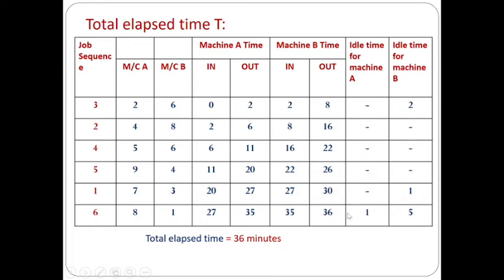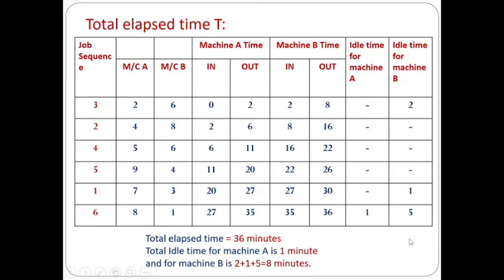So 36 minutes is the total elapsed time, the idle time for machine A is 1 minute in total, and the idle time for machine B is 2 plus 1 plus 5, which is 8 minutes. So this is how we calculate the total elapsed time and the total idle time of machine A and machine B after finding the optimum sequence for the particular problem.